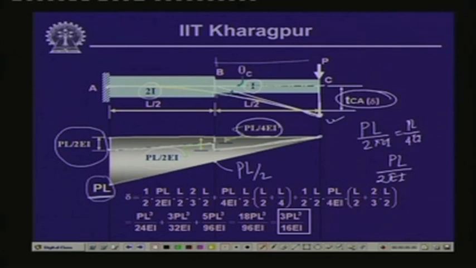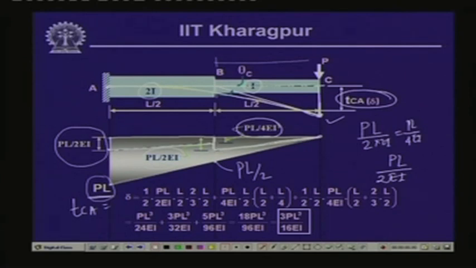So, if we take the moment of the M by EI diagram between A and C about C, then what do we get? Now, let us look into this expression for evaluating this TCA. TCA is equal to, now this M by EI diagram, which is of this particular shape, we divide into 3 parts.